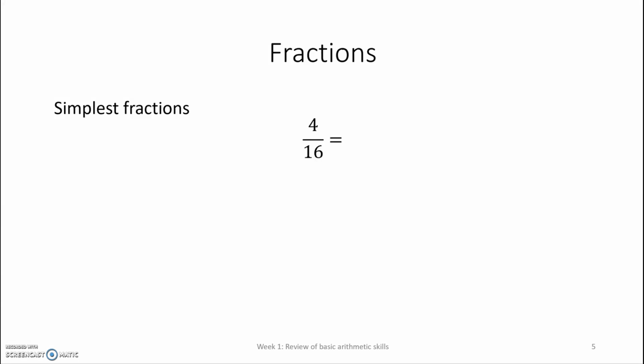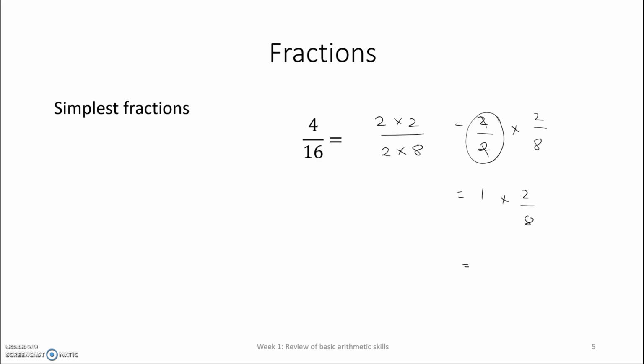Standardly, though, we would express fractions in their simplest forms, 4 over 16. Now, until you get the hang of this, you could rewrite that as 2 times 2 over 2 times 8. We're factorising it, and then we could split it off. That is 1, so that's gone. So that's 1 times 2 over 8.